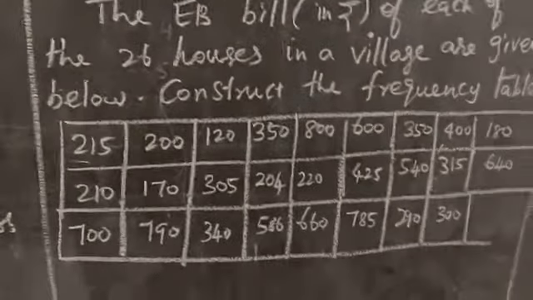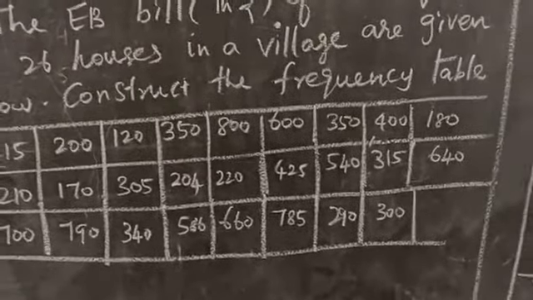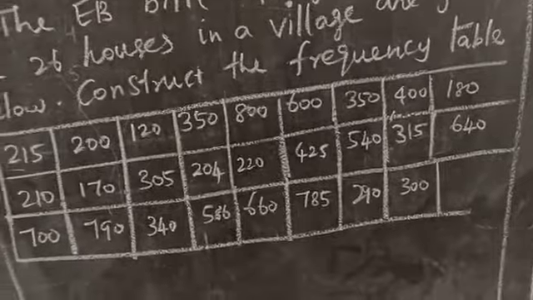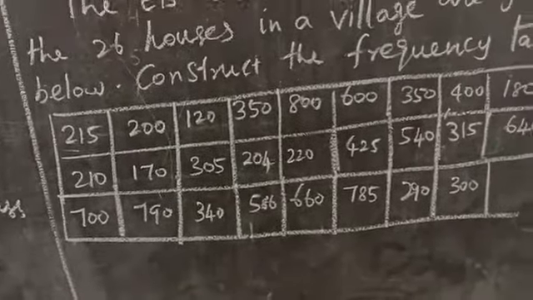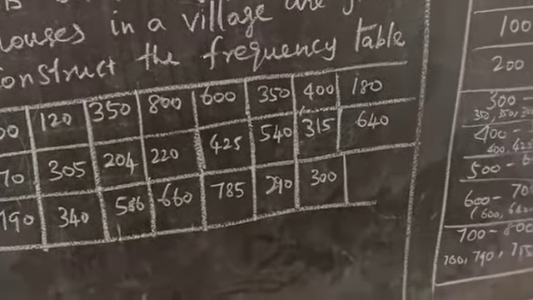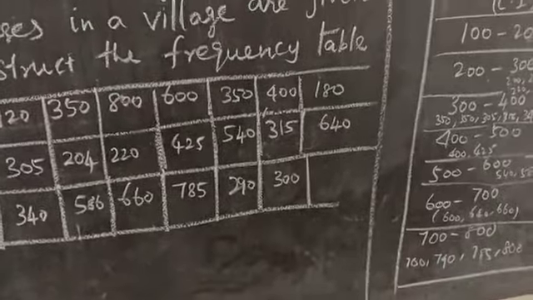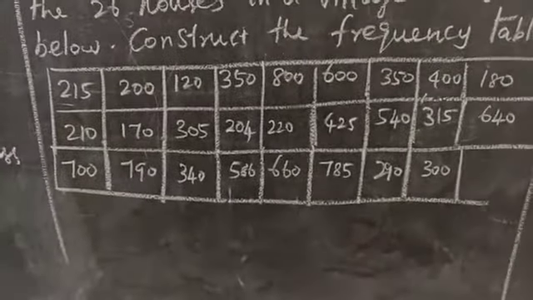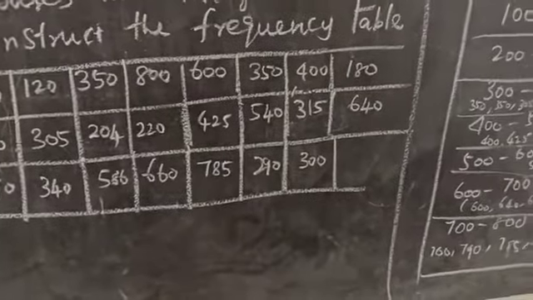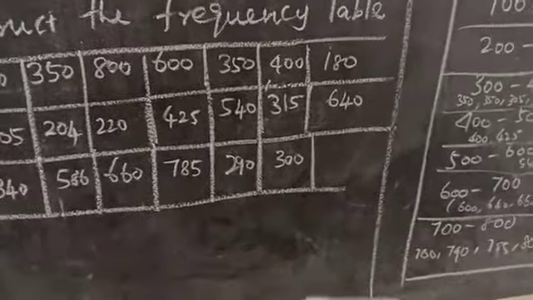215, 200, 215, 200, 120, 350, 350, 800, 600, 350, 400, 180, 210, 117, 70, 305, 204, 220, 425, 540, 350, 640, 700, 790, 340, 586, 660, 785, 290, 300.